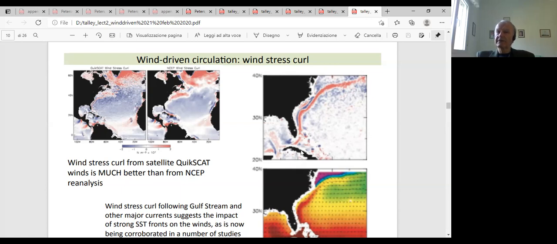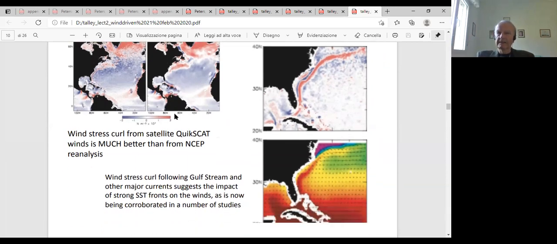The numerical model obviously does not reconstruct these fine-scale structures because it doesn't have enough resolution of the Earth's orography, and therefore doesn't see the mountains. Not seeing the mountains, it doesn't see the wind stress curl either, while the satellite sees everything.